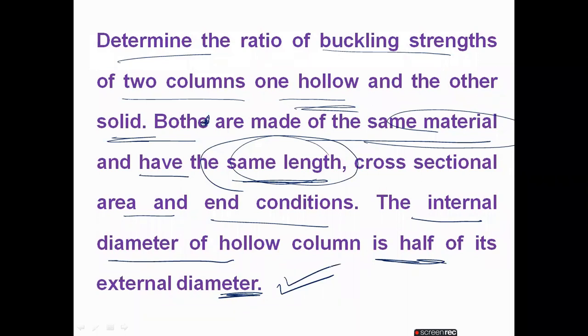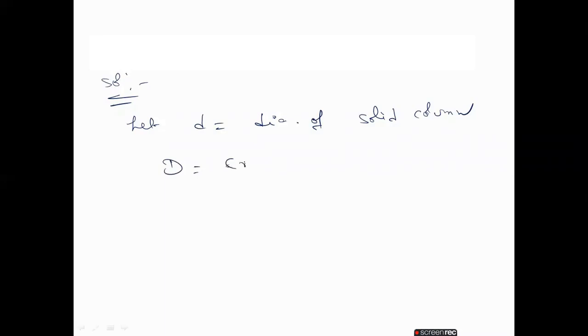Now I will solve the problem. Coming to the solution. Let's take small d equal to the diameter of the solid column, and let us take capital D as the external diameter of the hollow section.